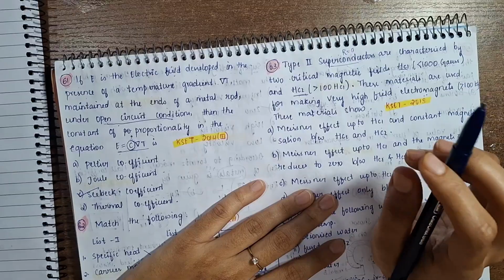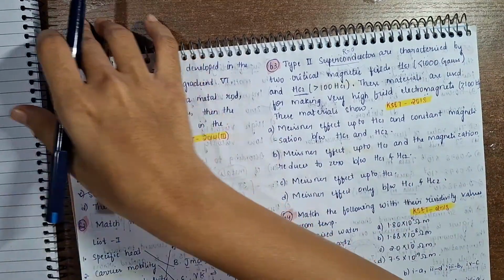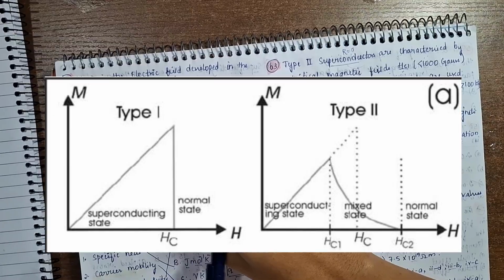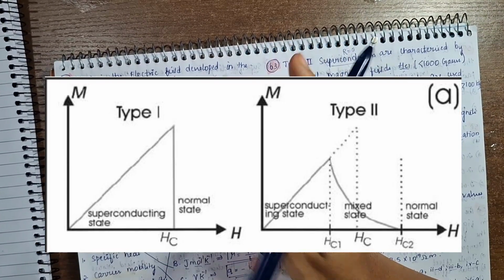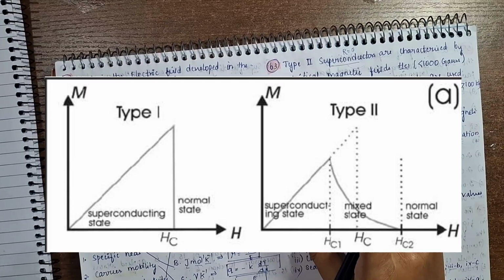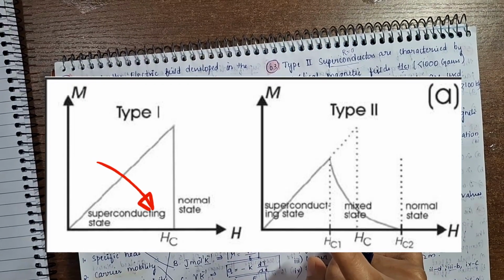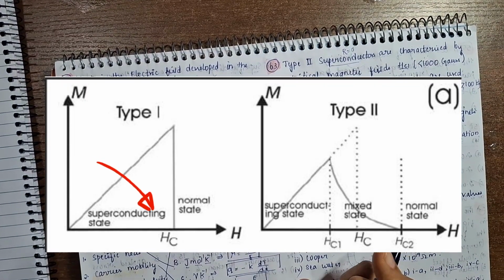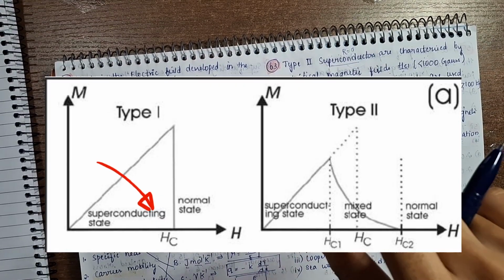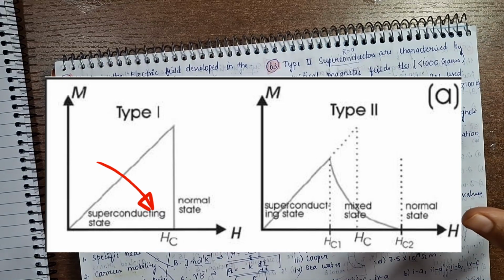This effect is known as Meissner's effect. Now there are two types of superconductors, type 1 and type 2. In type 1 superconductors, only one critical field is present, that is Hc. When a magnetic field is applied, they completely expel it only up to Hc, then suddenly become normal.